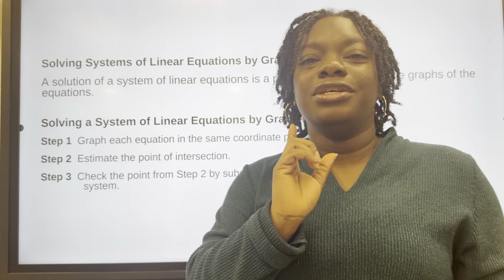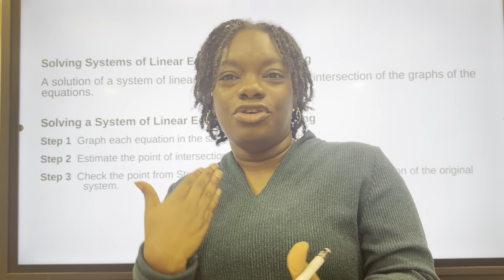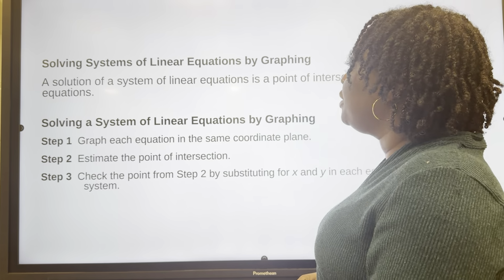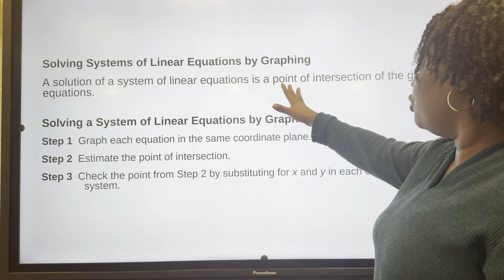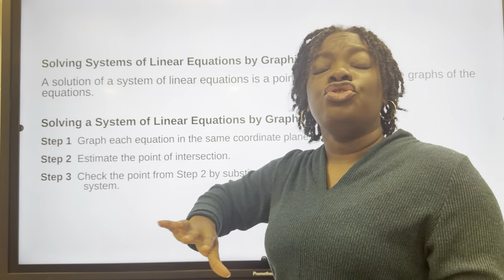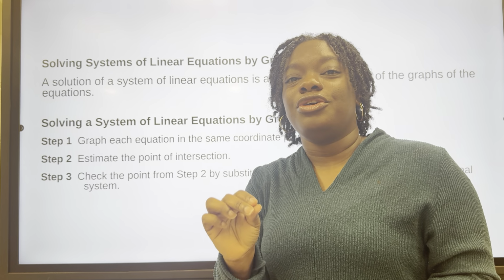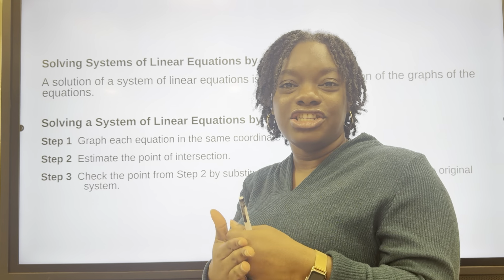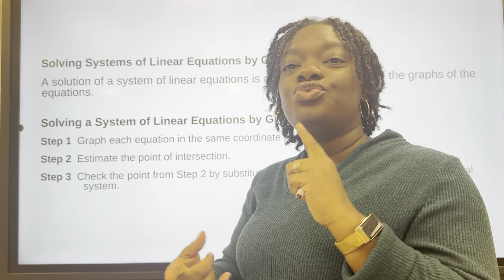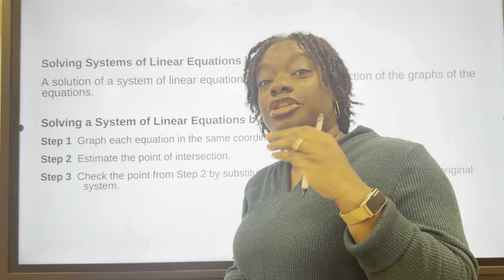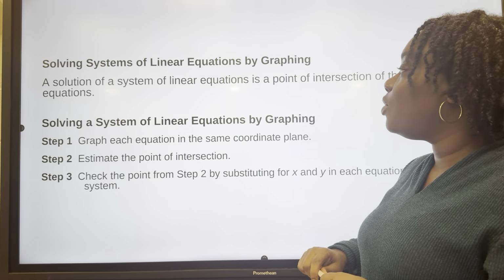Now, how do we solve using the graph method? If we're using the graph method, your solution is where the two lines intersect, in other words, where the two lines are meeting, where they are touching. That's one key thing to know.